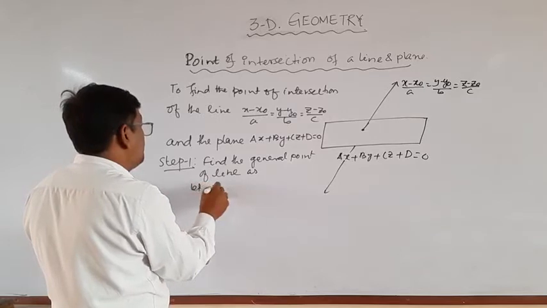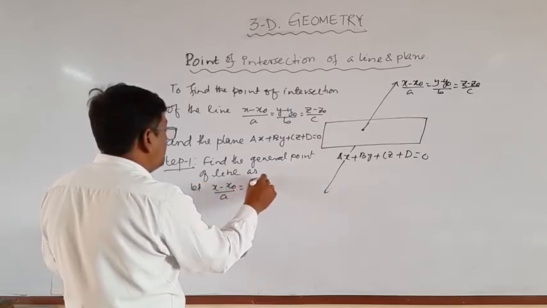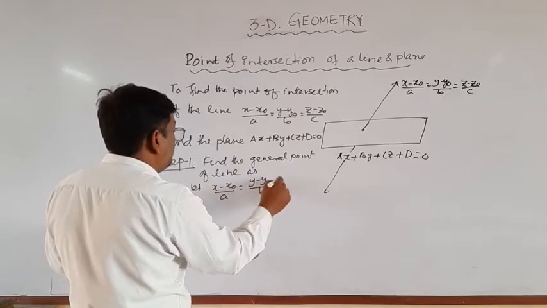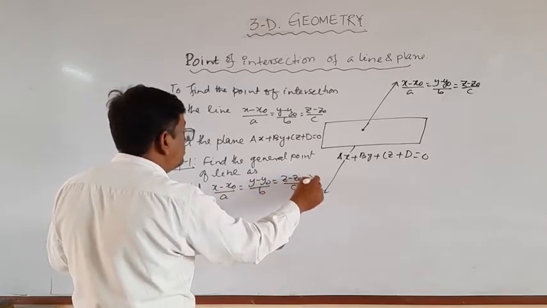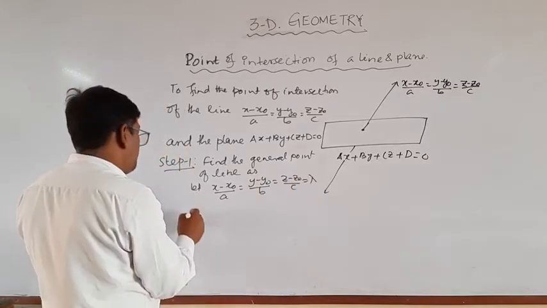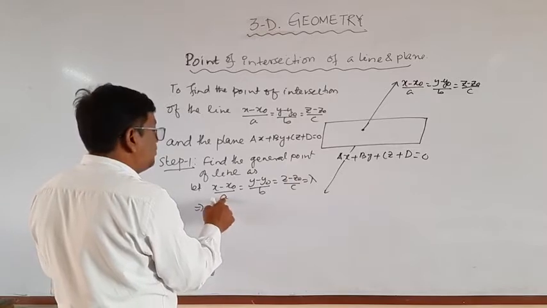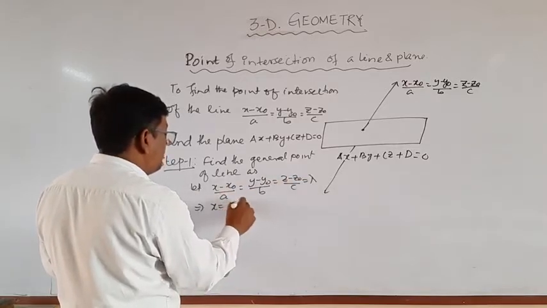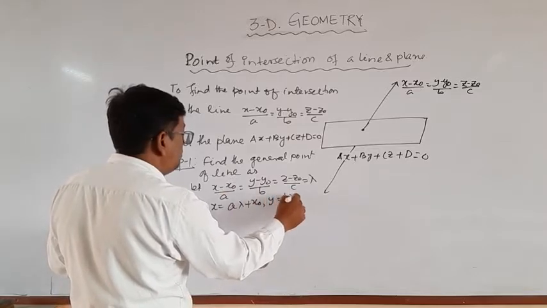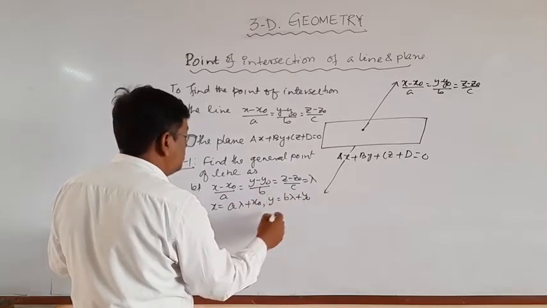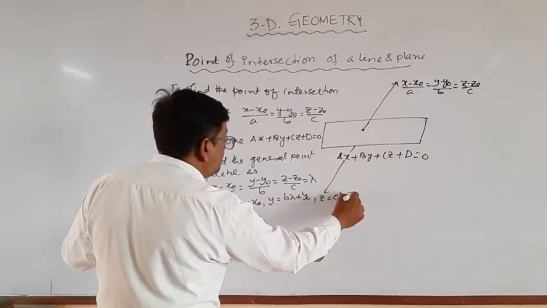Let x minus x naught by a is equal to y minus y naught by b is equal to z minus z naught by c is equal to lambda. So the point is, that implies x is equal to a lambda plus x naught, y is equal to b lambda plus y naught, and z is equal to c lambda plus z naught.